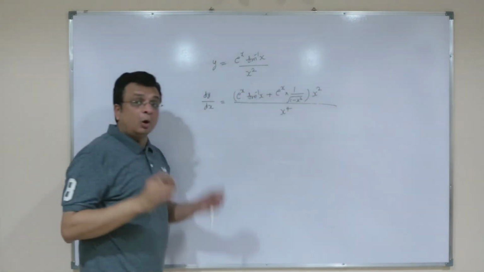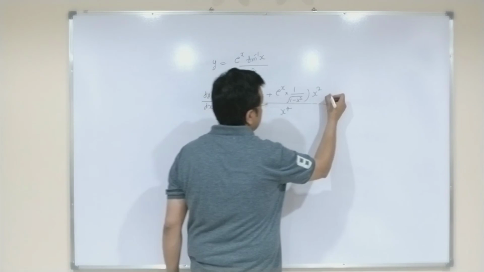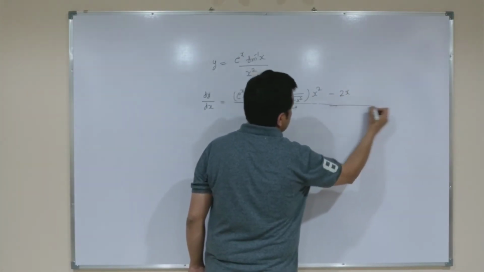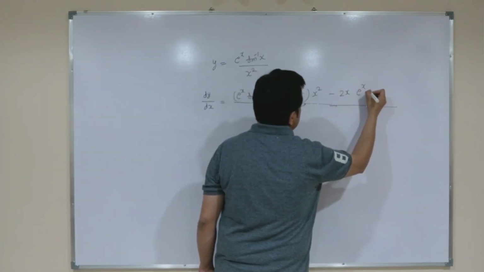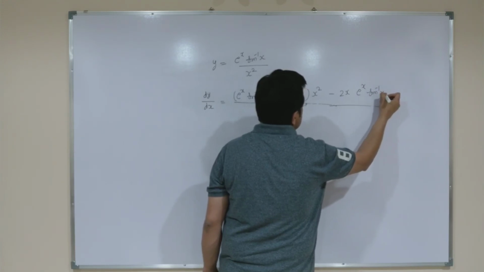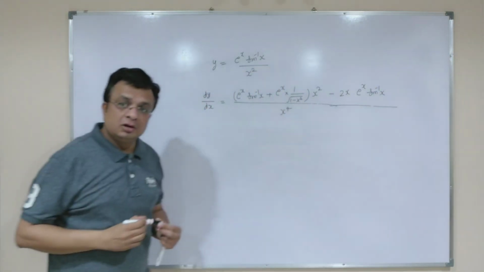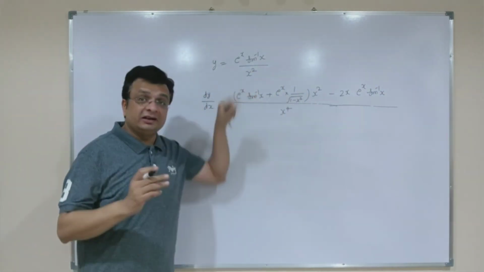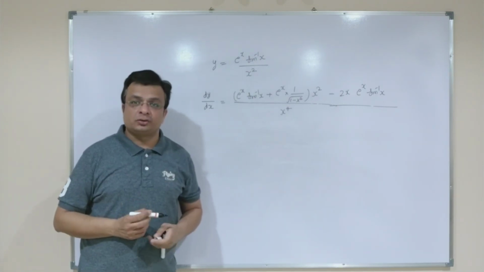Fine. Now minus, in between, the differentiation of x square is 2x into e raised to power x sine inverse x. So I have applied the product rule over here, and in whole we have applied the quotient rule.